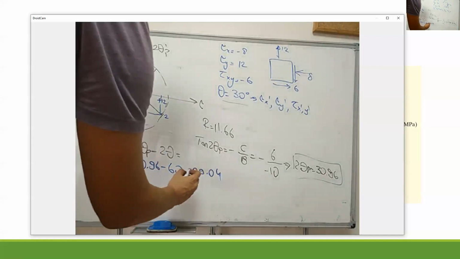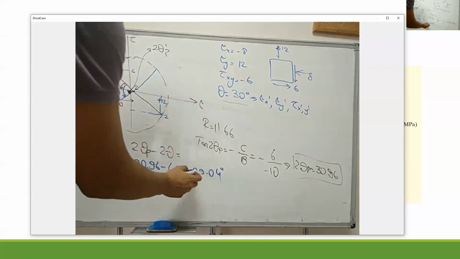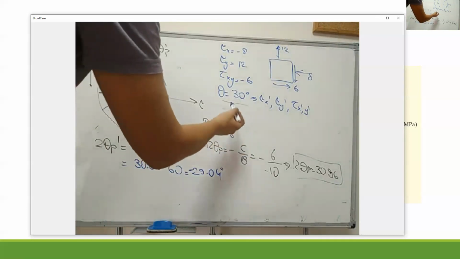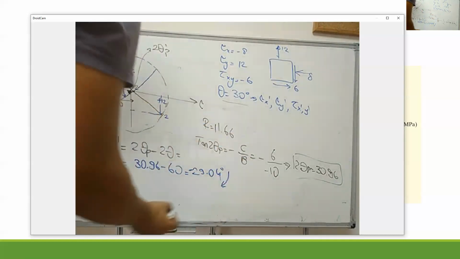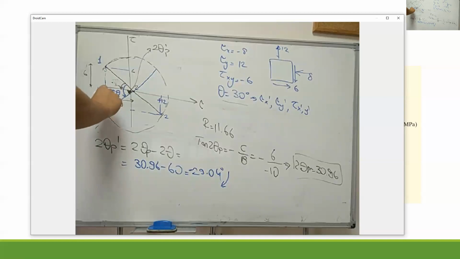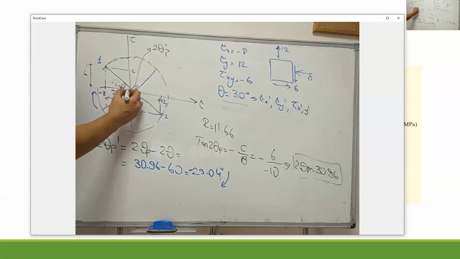This should also be negative, and negative means it's in the clockwise direction. So you can see this angle is in the clockwise direction. I think you can see.